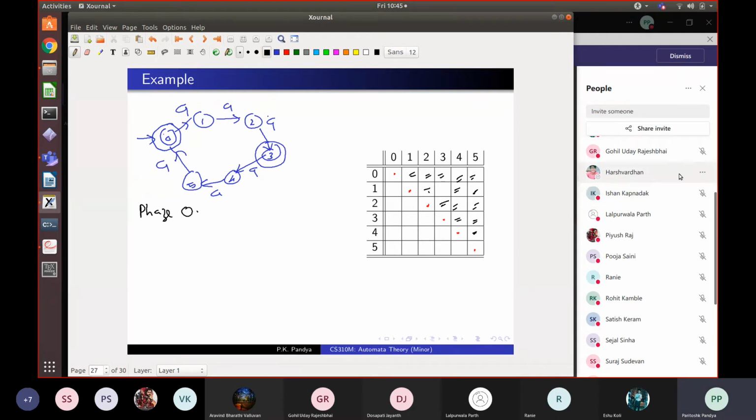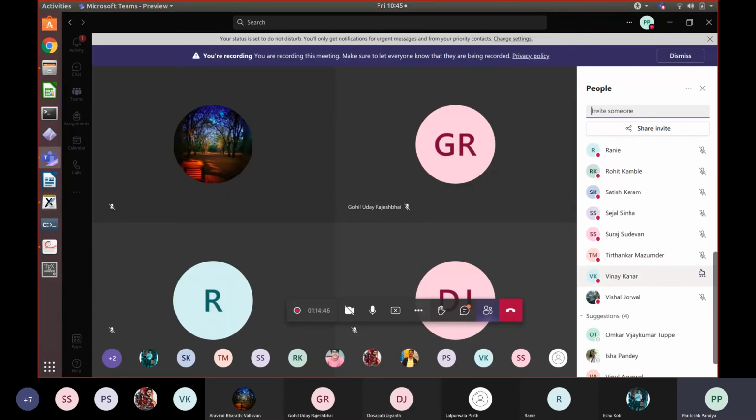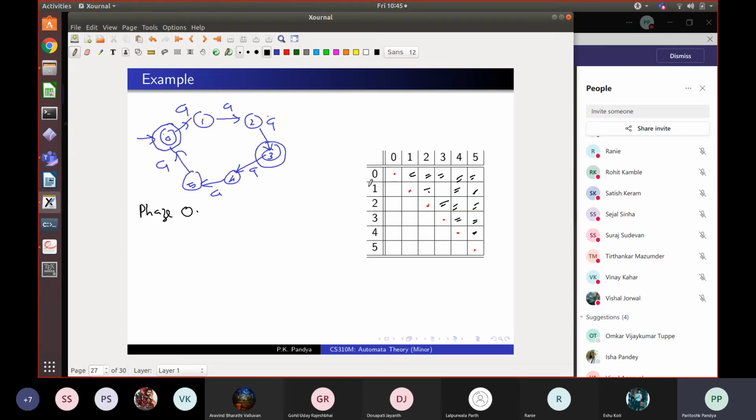Now I'm going to start from the end of the class and ask you to tell me which pairs are to be marked by phase 0. So let's start with Vishal. Vishal, we have this unmarked square 0, 1. Will the 0, 1 pair be marked in the initialization phase?